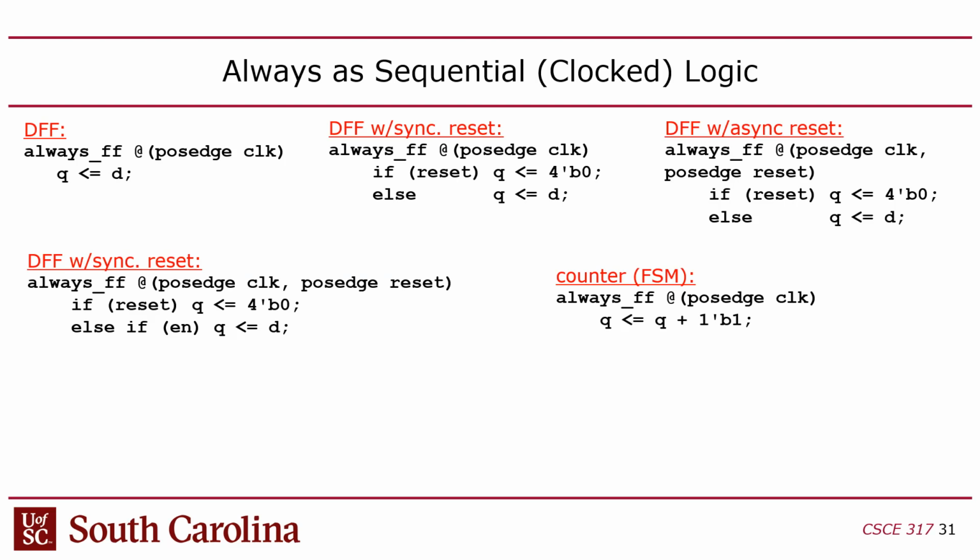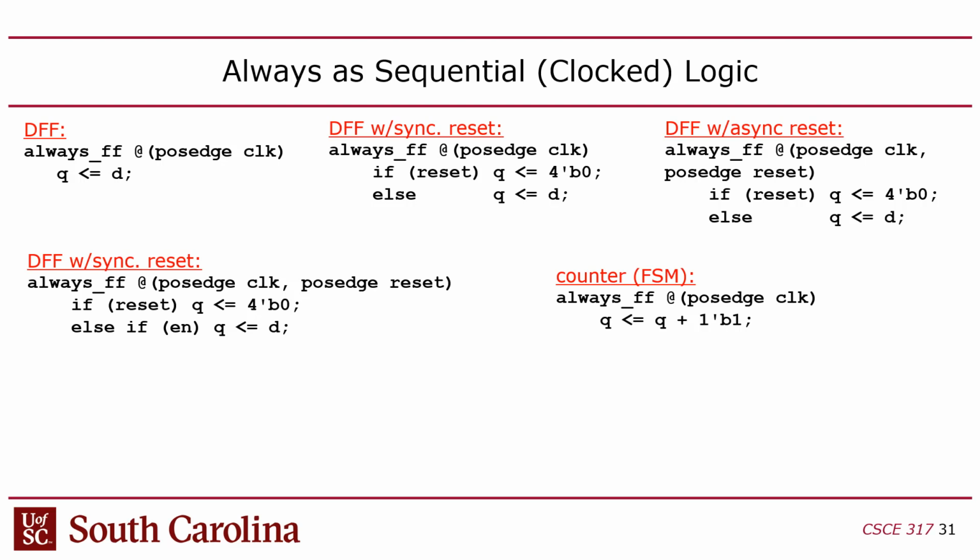Okay. All right. So here is the most common usage of an always statement: to create a flip-flop or a register. I'm not sure how much you talked about. Did you guys cover flip-flops in 211? A flip-flop is basically a holding, like a storage slot, right?